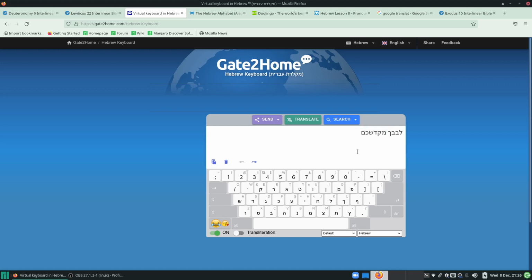Again, I may not be pronouncing it right because shin can be pronounced as S or sh, so I have to go and check it again. But this is how you spell it in Hebrew. Okay, Mekaddishkem, and this is the Lord's name.